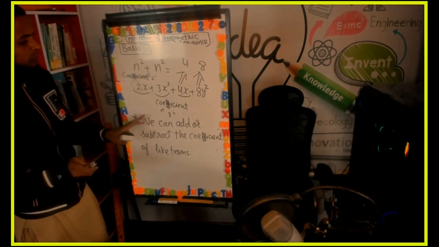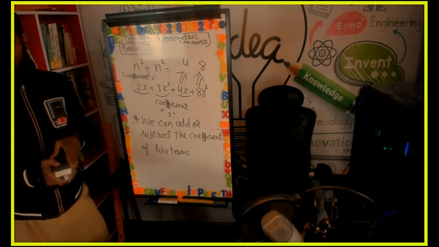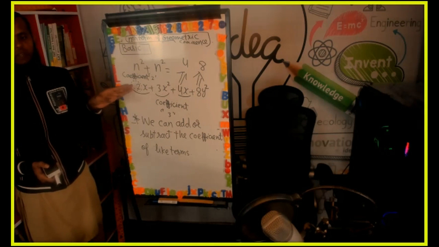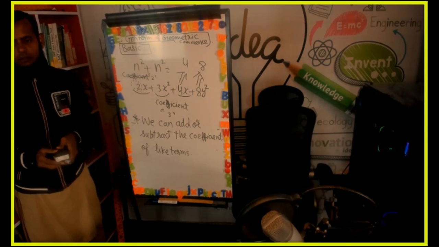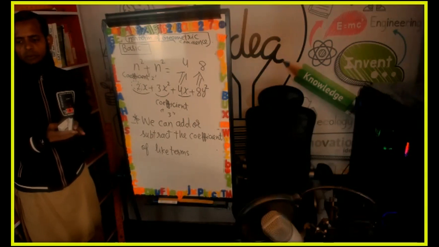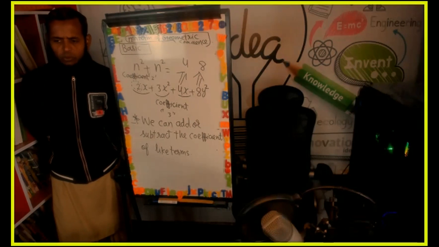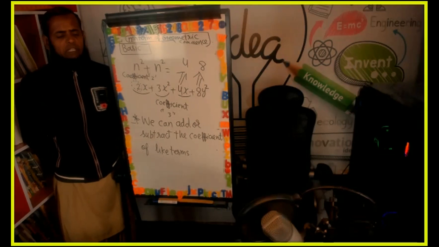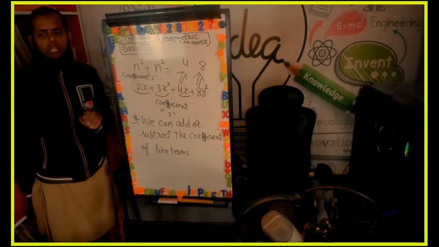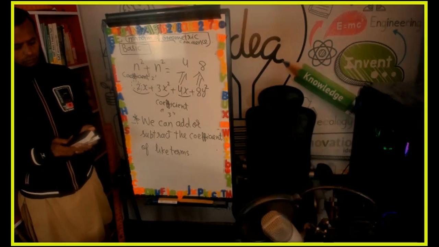We can add or subtract the coefficients of like terms. You should write this sentence. Then I will teach you how we can simplify this. We will not add the powers. In case of multiplication, we add the powers only. But in case of addition and subtraction, we see the like terms and then we add or subtract the coefficients of the like terms.